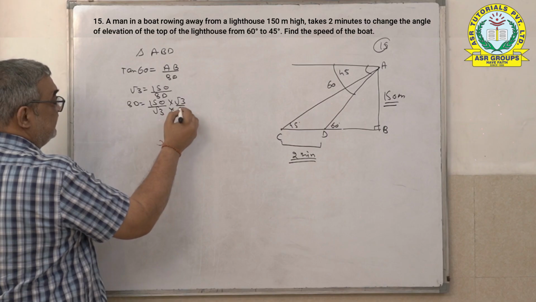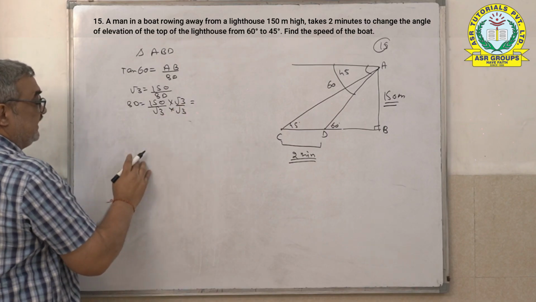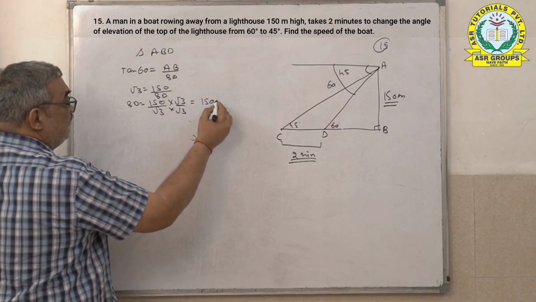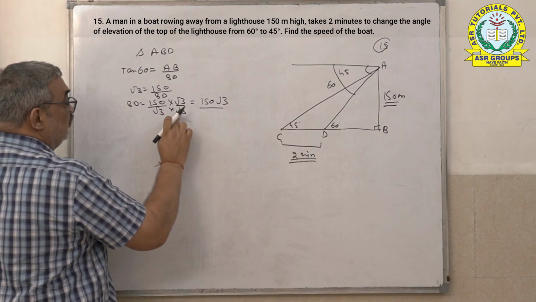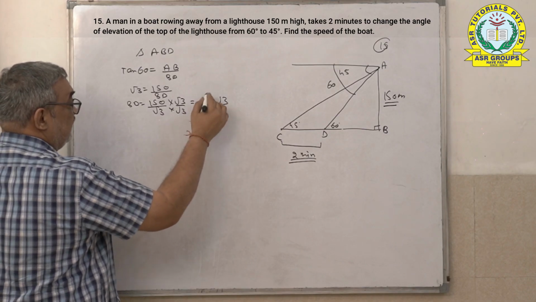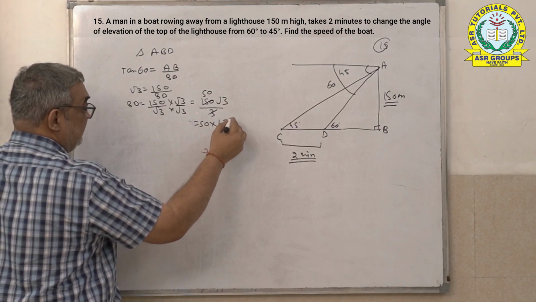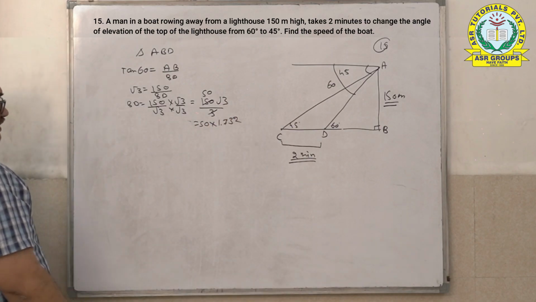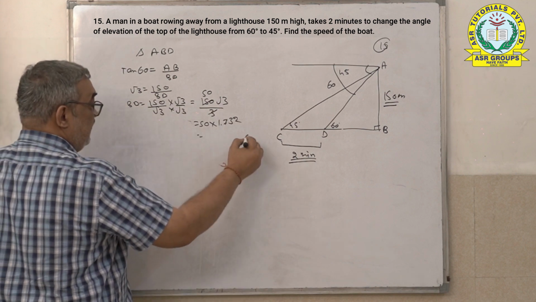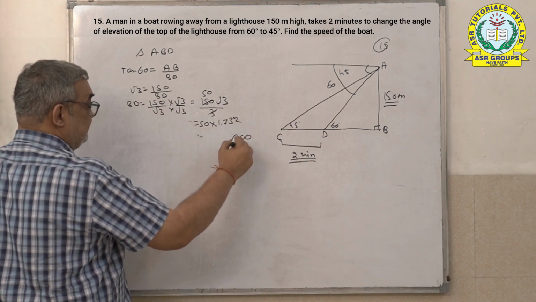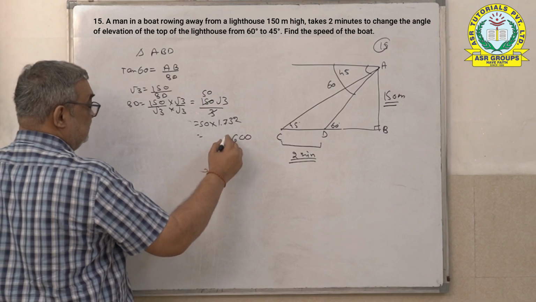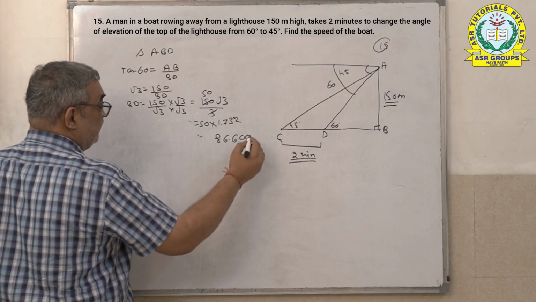Will rationalize. So that is 150 root 3 upon root 3 into root 3 is 3. Now multiply. 50 into 1.732. 5 2 is 10, 5 3 is 16, 5 7 is 36, 86.6 meter.